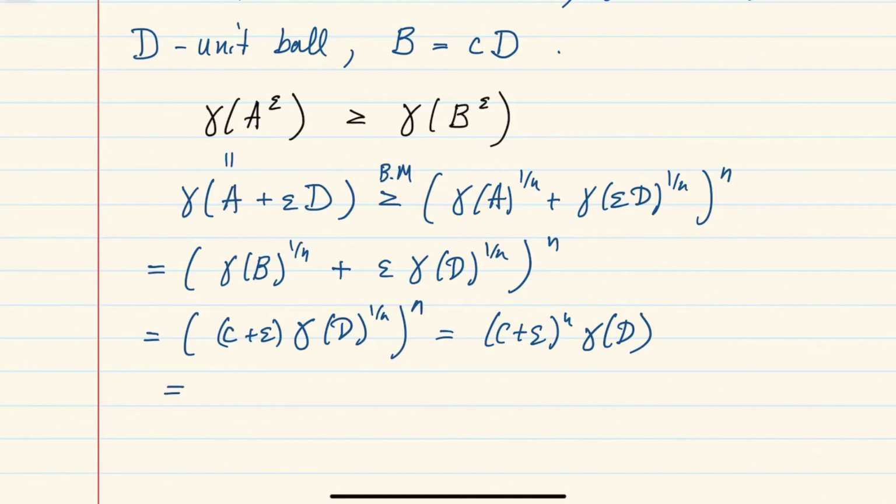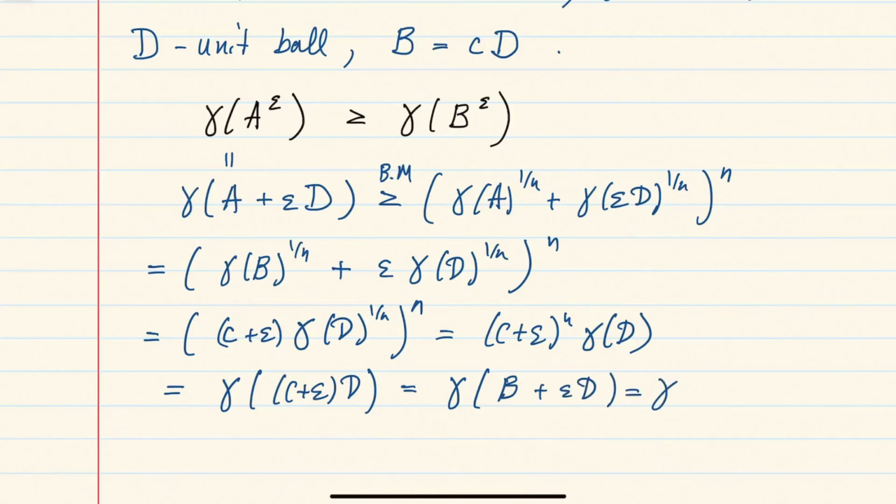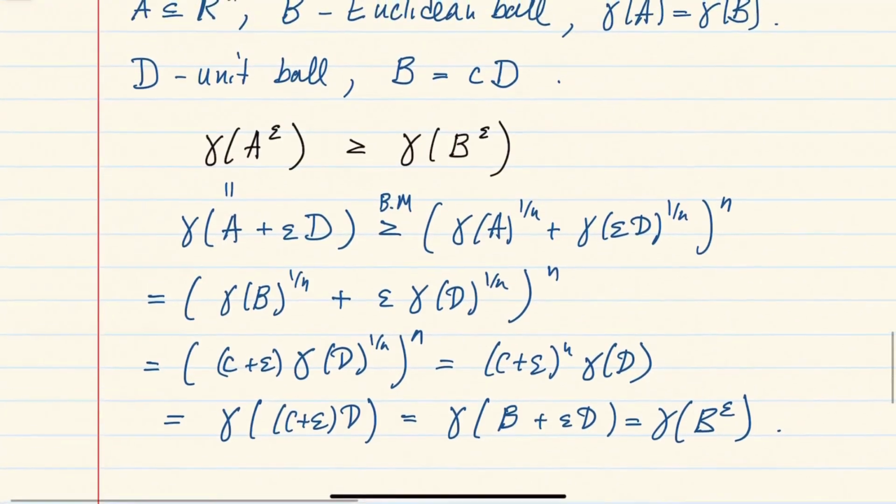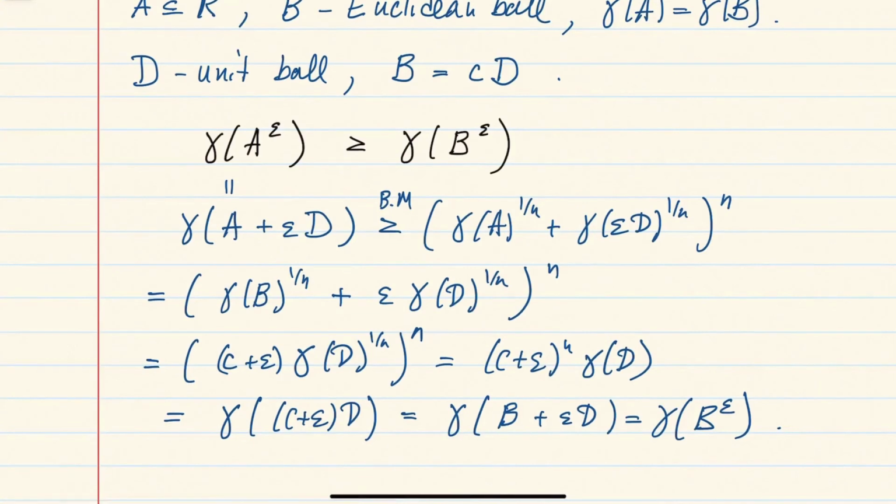And again, you can take the C plus epsilon inside the volume, so this will be the volume of C plus epsilon times D, which is exactly the Euclidean ball B plus epsilon D. So that's the epsilon neighborhood of this Euclidean ball B. So that proves the inequality above, and this shows that the Euclidean ball has the smallest surface among all measurable sets of the same volume.